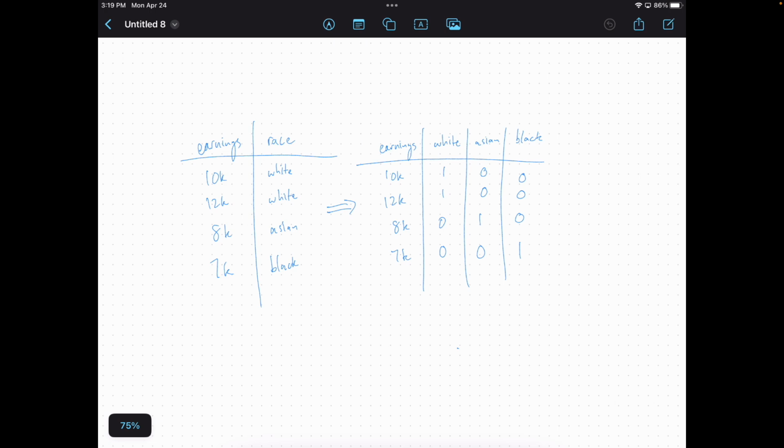Great. Any questions about interactions and dummies and categorical variables, all this stuff? Okay, I've tried to lay out the groundwork for that. It can still be somewhat confusing, so don't hesitate to ask questions if you're still working through that.